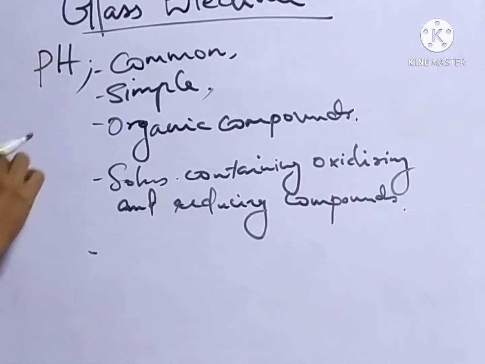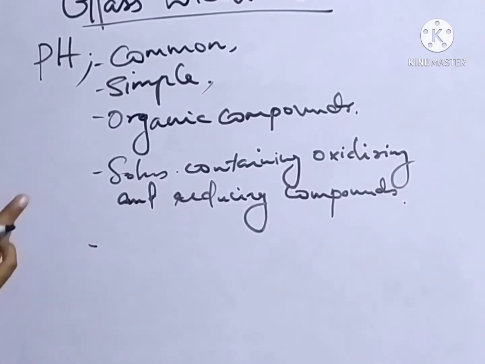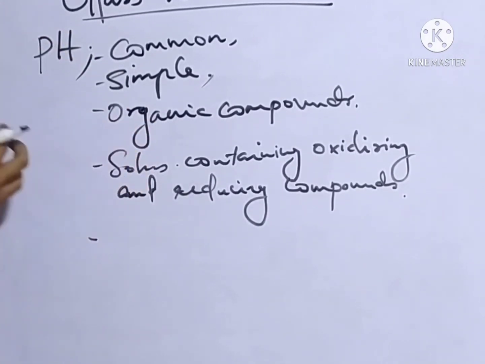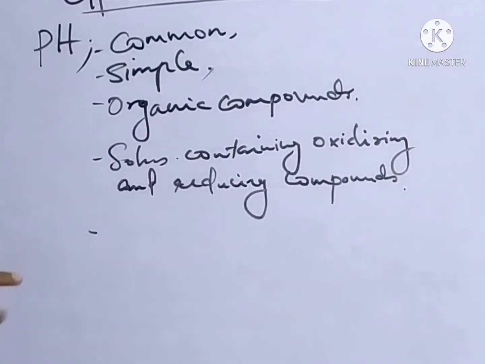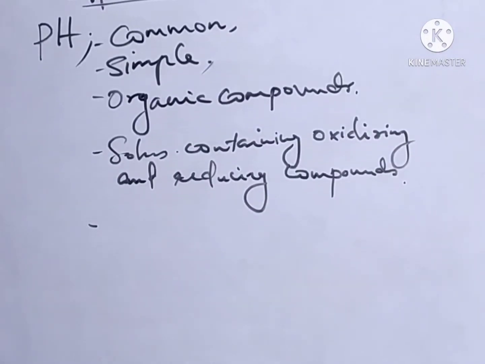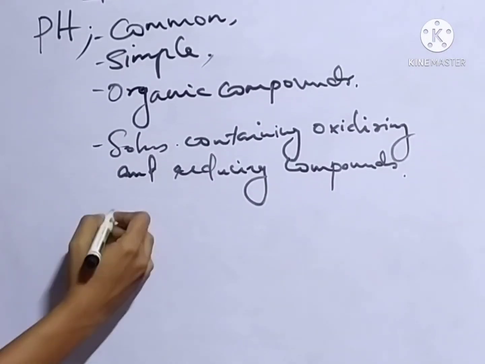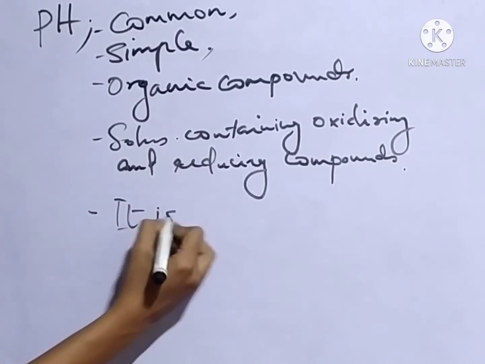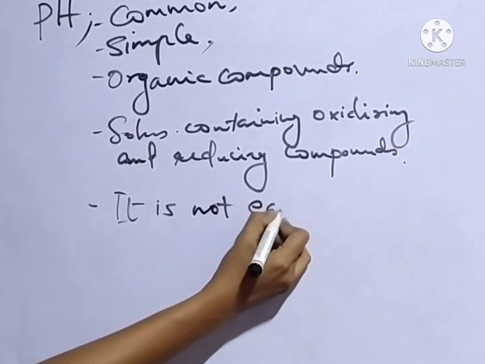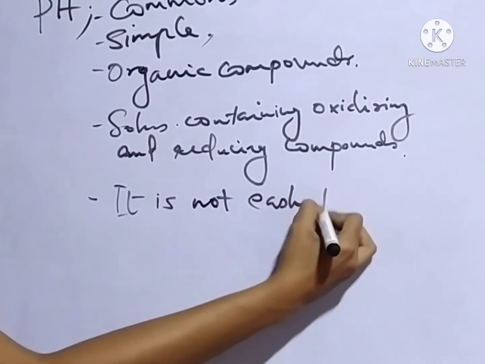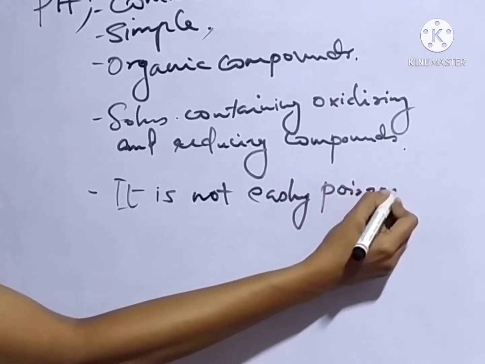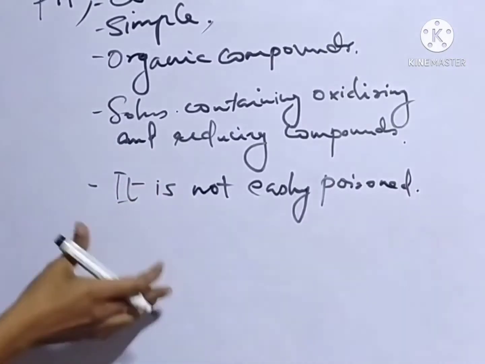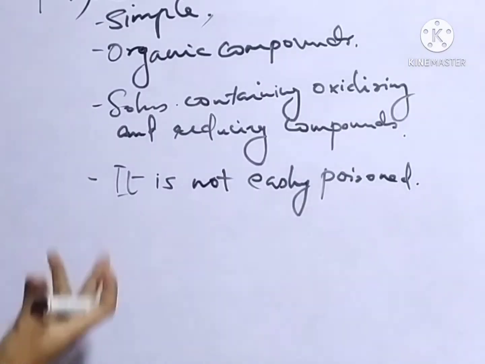And the most interesting feature of glass electrode, which is used as a pH detector, is it is not easily poisoned. So hence we can use it for a long time.